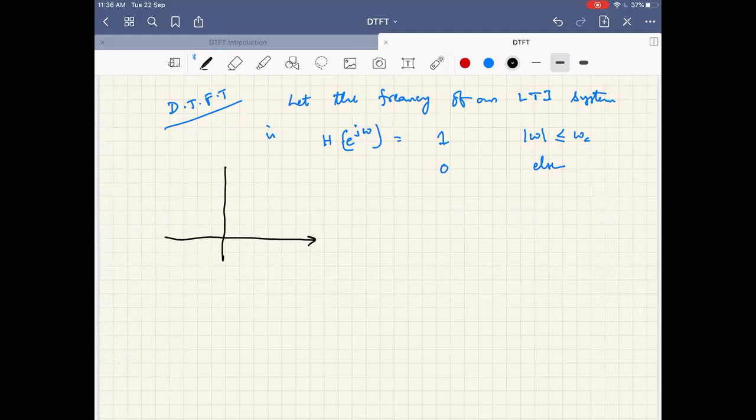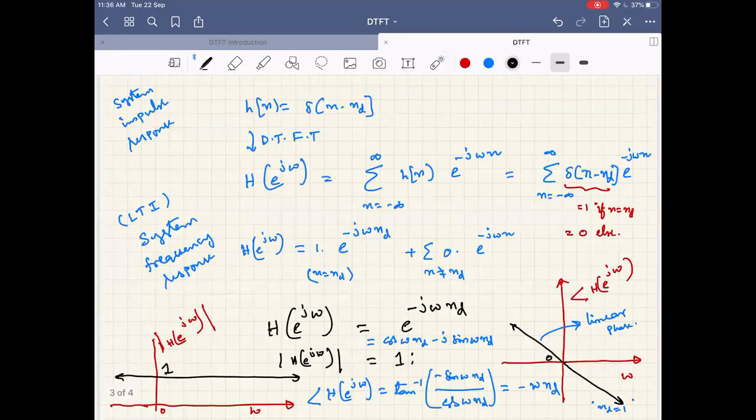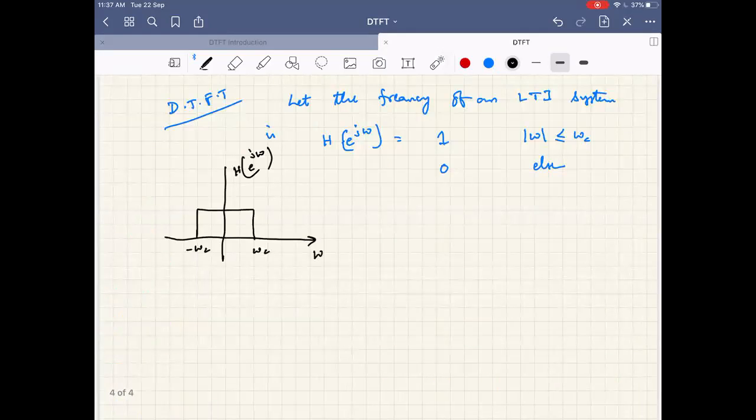Here we have 1 from minus omega c to omega c, and up to where should I sketch H of e power j omega? What are the limits for omega? We have not denoted them here. What is usually the range in which I should specify a discrete time Fourier transform? What is the nature of this transform?